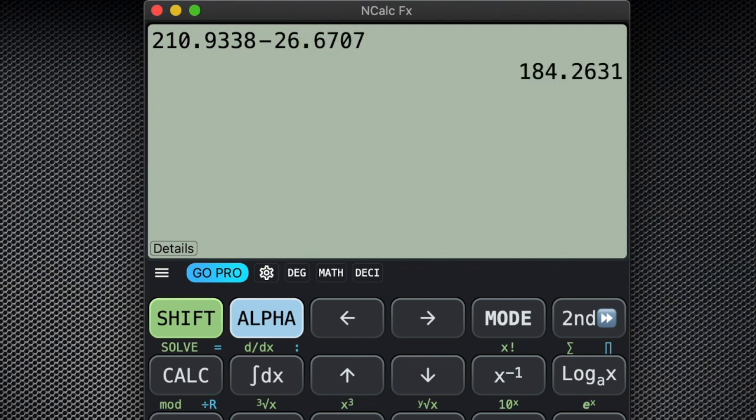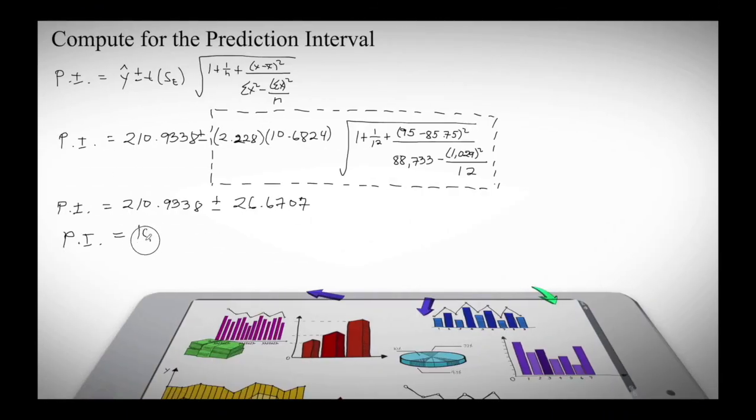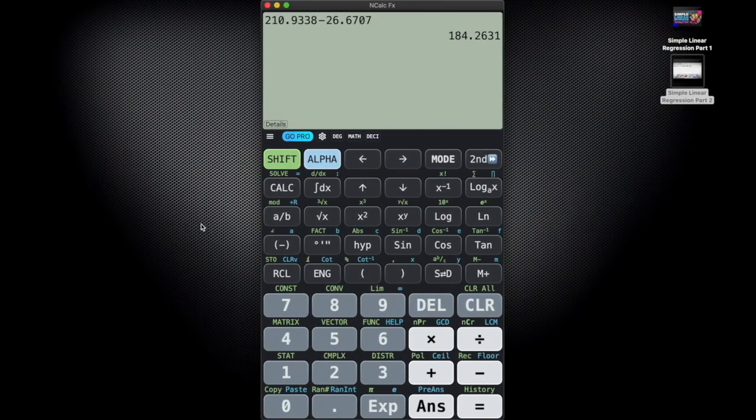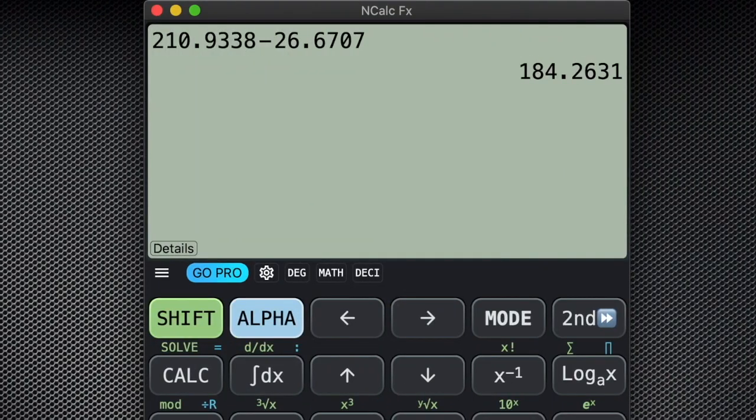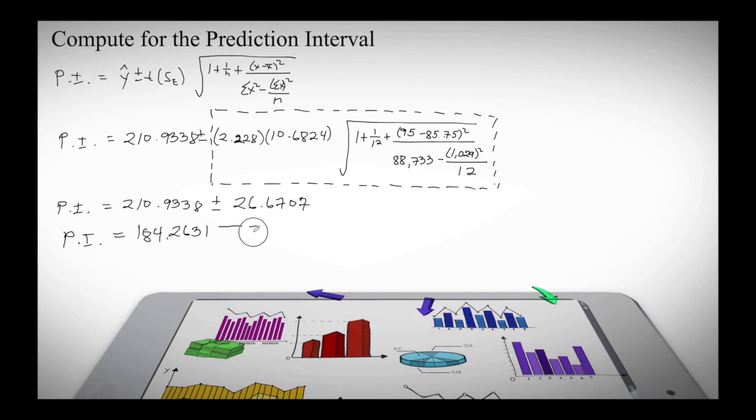The answer for the lower limit is 184.2631, up to, plus this time, the upper limit, which is 237.6045.